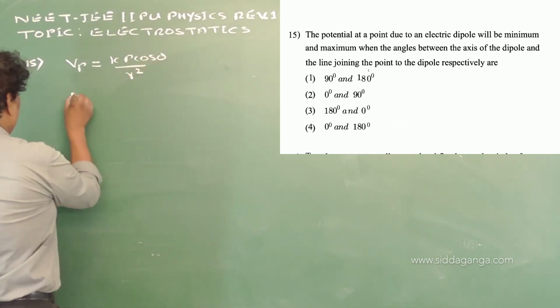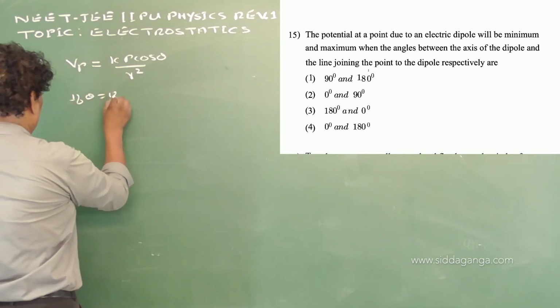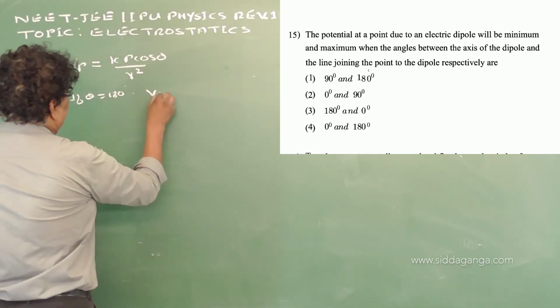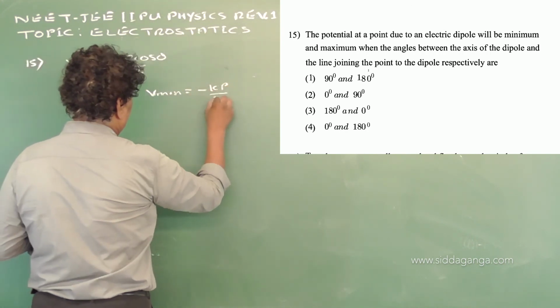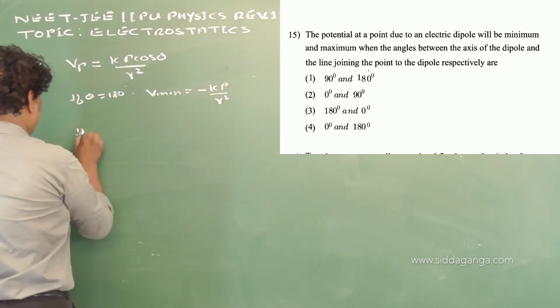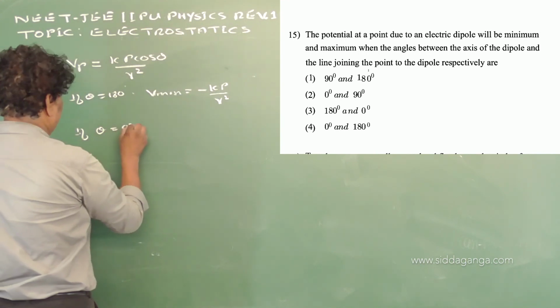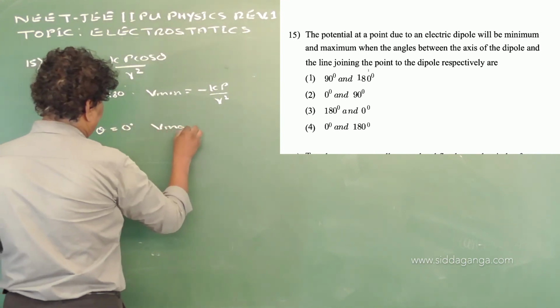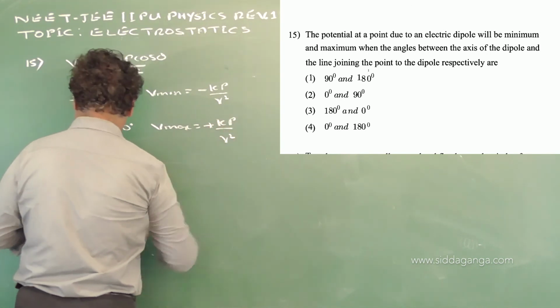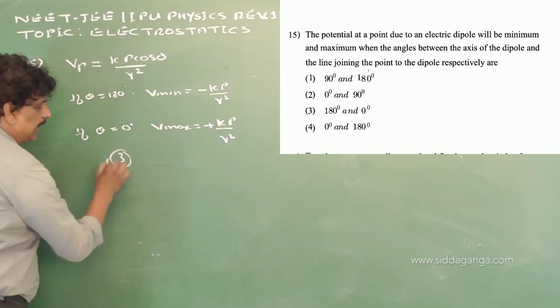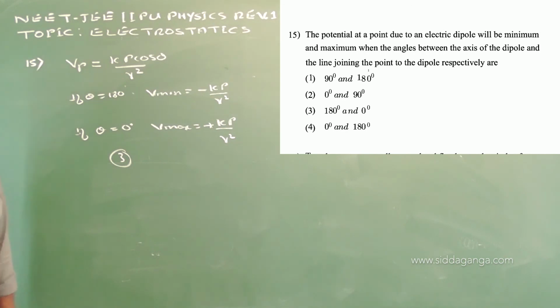Now if theta is equal to 180 degrees, the potential is minimum, that is equal to minus Kp by r square. If theta is equal to 0 degrees, the potential is maximum, equal to plus Kp by r square. Therefore the right option is 3.